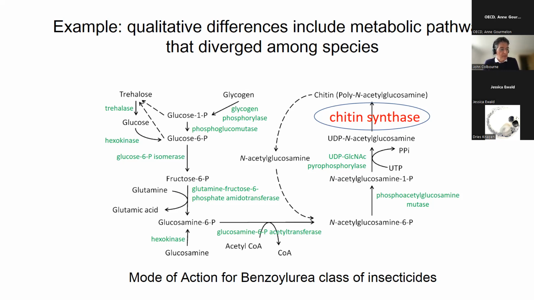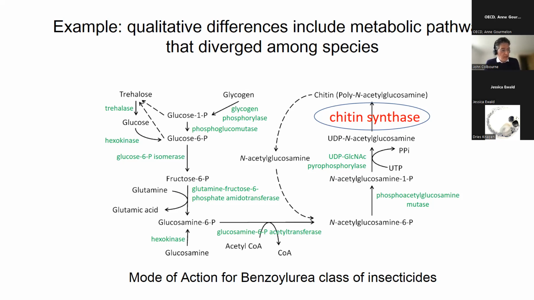Now, at first, this assumption by the pesticide industry seems rather logical because it requires a qualitative difference between the biosynthetic pathways of arthropods, which are the insects and the crustacea, which all contain chitin exoskeletons, compared to vertebrates that do not.